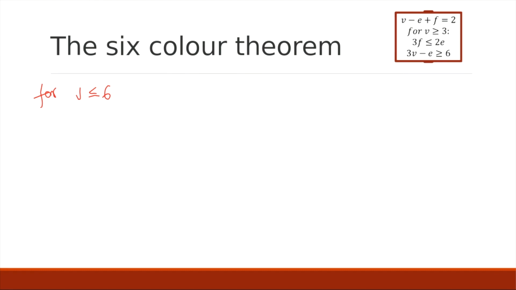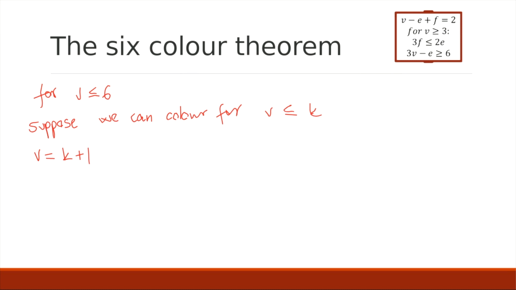So what we want to prove with induction is: we suppose we can color for the number of vertices less than or equal to k for some number. And we want to say, okay, what do we do if the number of vertices is k plus 1? If I have the graph on k plus 1 vertices, I want to reduce it. I want to take away one vertex such that the remaining graph I already know how to color.